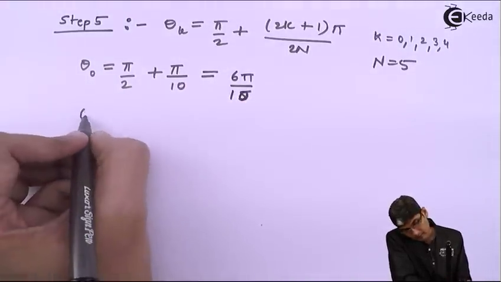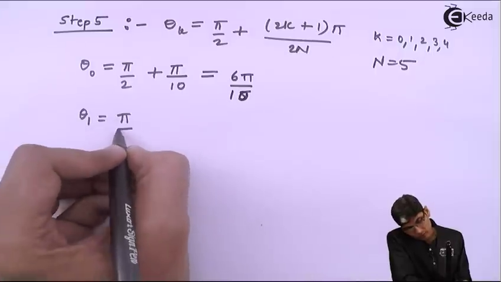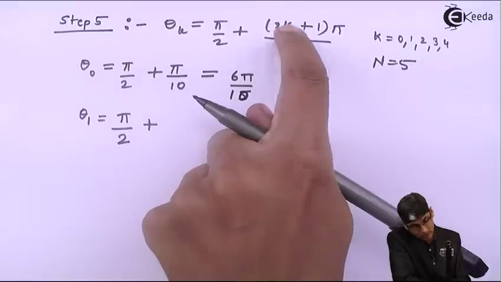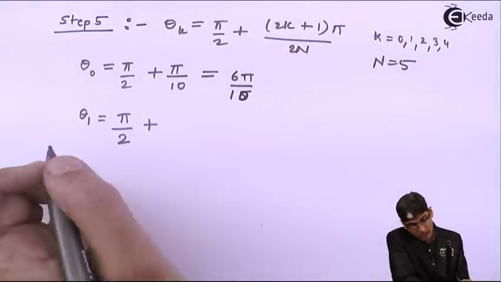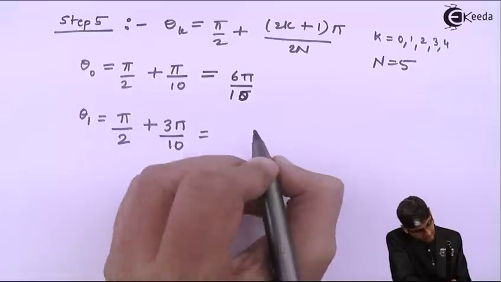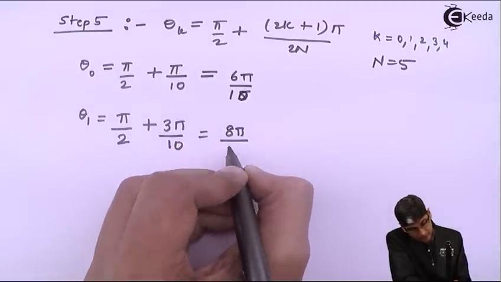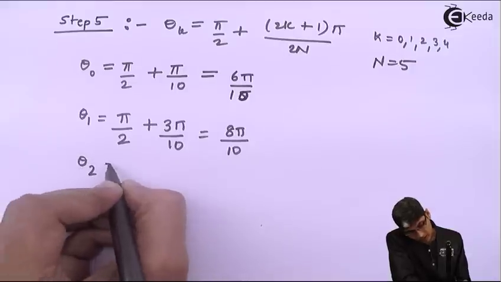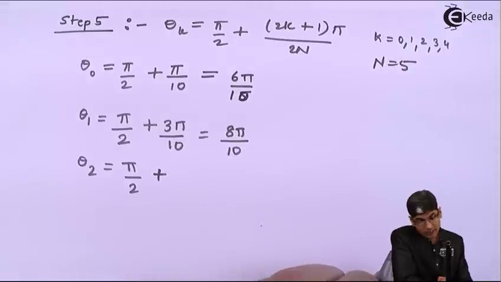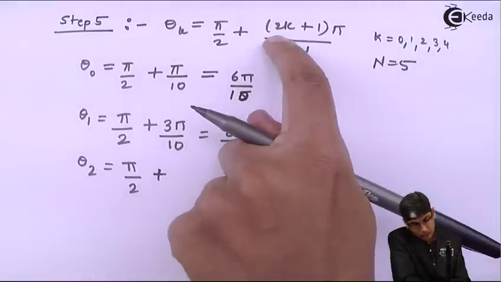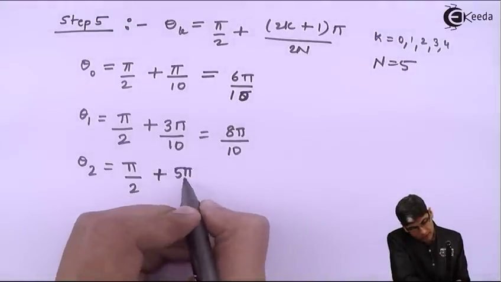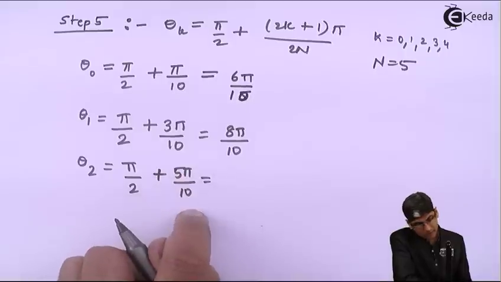Theta 1 will be equal to pi by 2 plus, if I put the value as 1, it will be 2 plus 1, which is 3 pi by 10. So that factor is 8 pi by 10. Theta 2 is pi by 2 plus, when k is equal to 2, it will be 4 plus 1, which is 5 pi by 10, which is pi by 2.